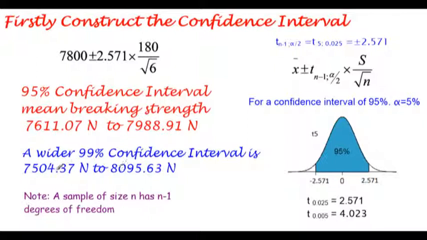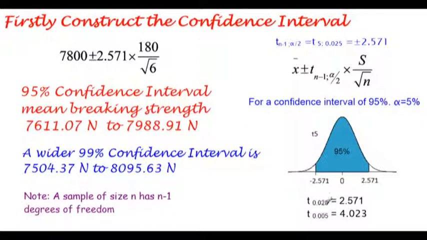However, if we drop the significance level and widen the confidence interval, we get it from 7,504.37 to 8,095.63. So this one does encompass our manufacturer's claimed mean breaking strength of the rope, 8,000.